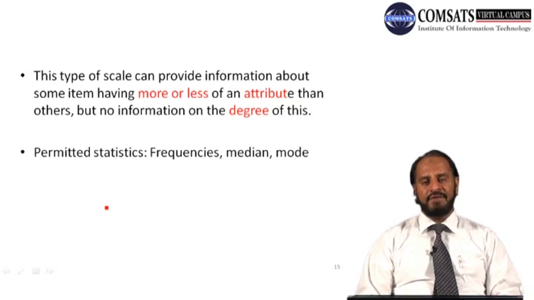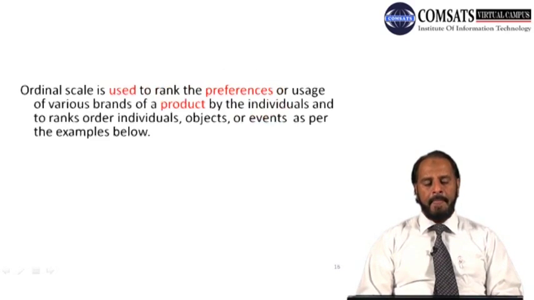The extent of difference between them is not visible, and that's a problem with that particular scale. Other than that, the kind of statistics you can run is frequencies, and you can run median and mode information on that, but you cannot generate means from this kind of scale.